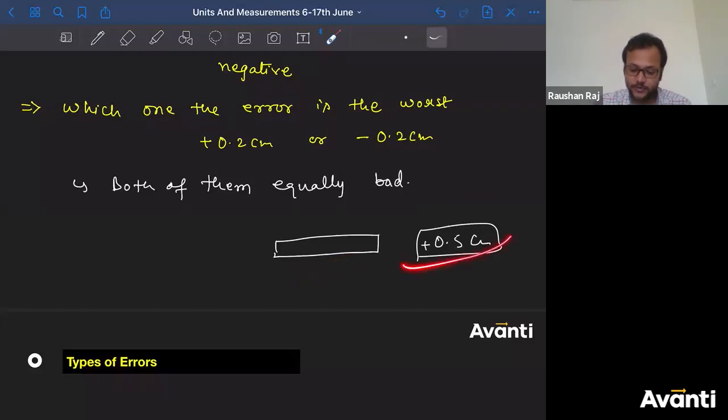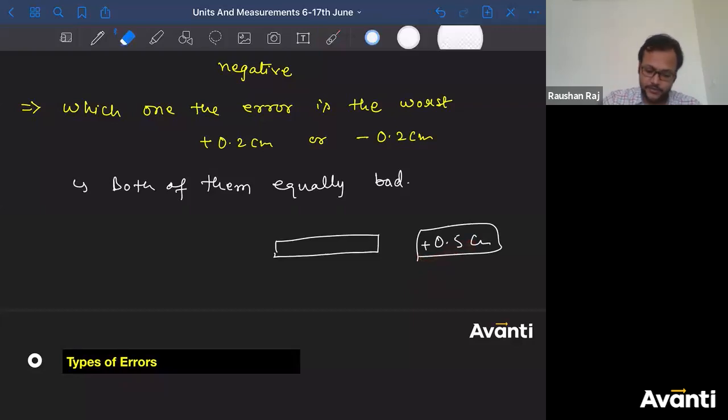Whether you will say plus 0.5 or 0.3 or 0.25. What is the value that you should quote? I'll say, whenever we talk about error, we talk about the worst case. What is the maximum error that is possible? If you talk about that, everything will be covered.